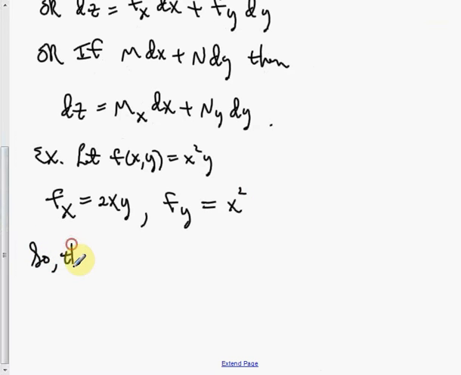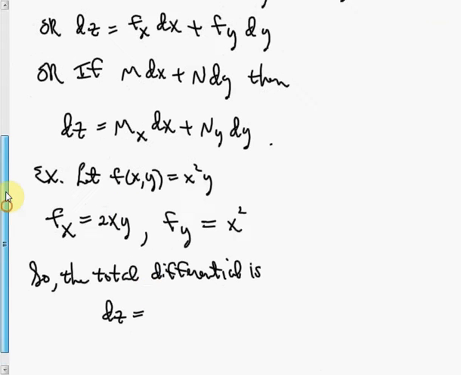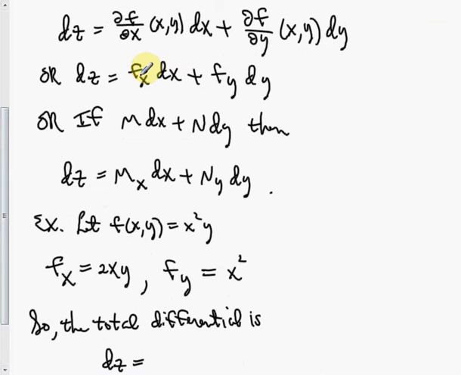So the total differential is dz is equal to, going back to the form, the partial of f with respect to x dx plus the partial of f with respect to y dy.